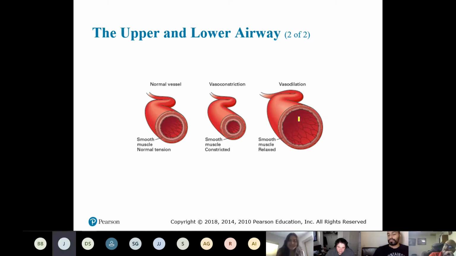Do you see the picture on the right? What does it say on top of that vessel? Vasodilation. In other words, it's going to get bigger, right? Because don't you want to get more oxygen into your body for that energy?